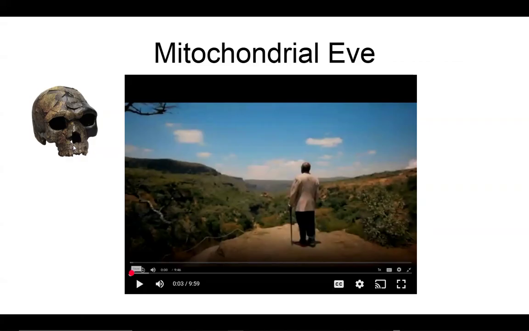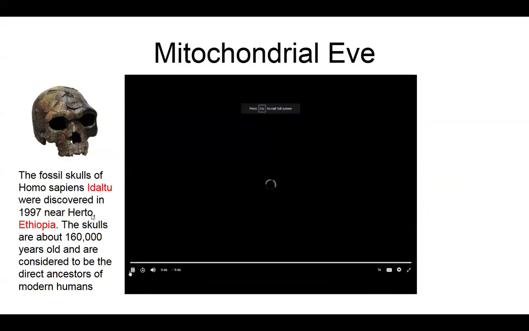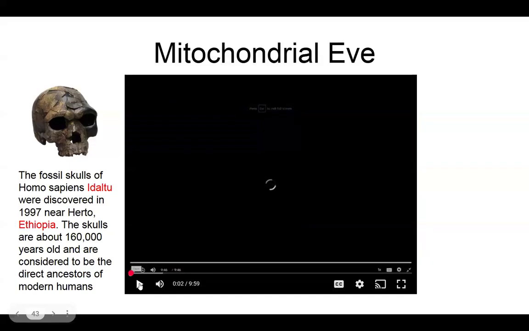They call it the Idaltu, meaning firstborn skull, that they found in Central Africa. This skull is the fossil skull of a Homo sapien Idaltu, discovered in 1997. Have y'all even heard of this? Probably not. Near Herto, Ethiopia.